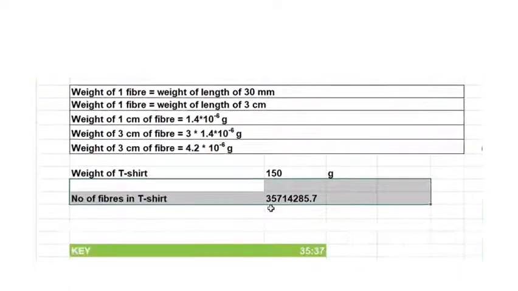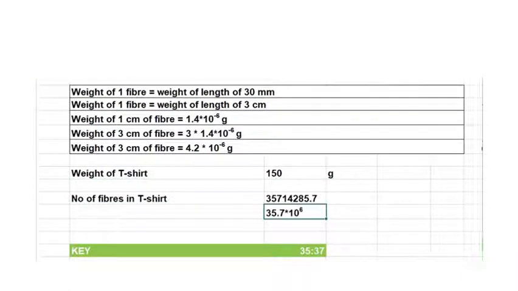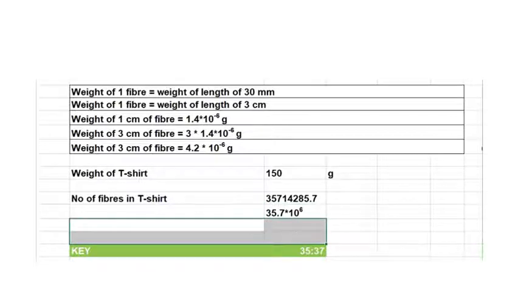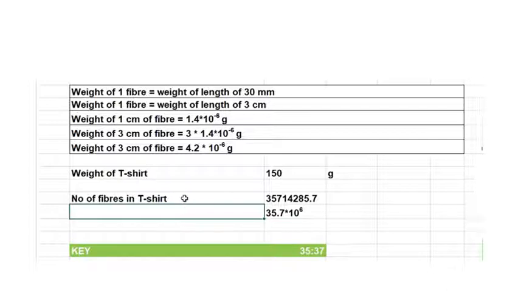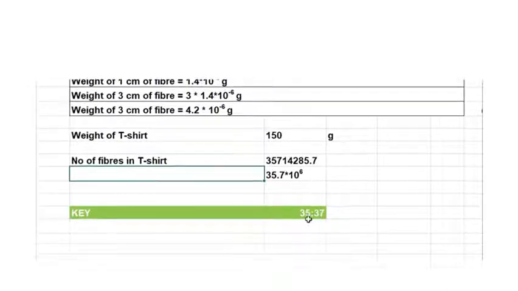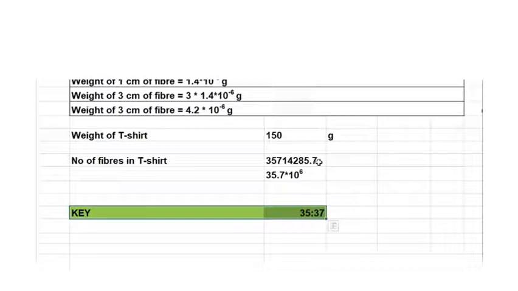So we will write this answer as 35.7 into 10 power 6, which is the number of fibers present in a t-shirt of 150 gram. The key given for this is any answer between 35 to 37 is right. The exact answer is 35.71. So this is how we solve this problem.